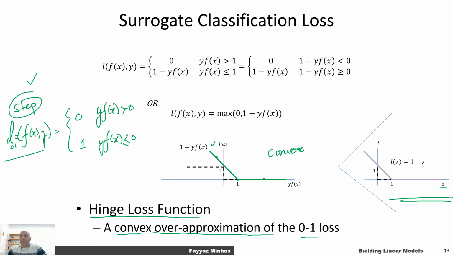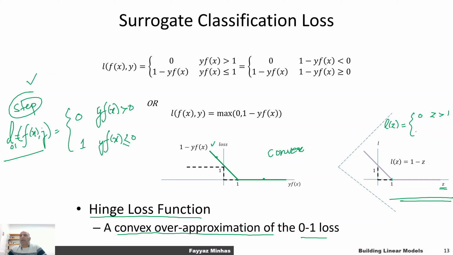I've plotted a variable z on the x-axis, and this purple line tells us the value of this function that we call L of z. This purple line has 0 value for anything greater than 1. So L of z is simply equal to 0 whenever z is greater than 1.